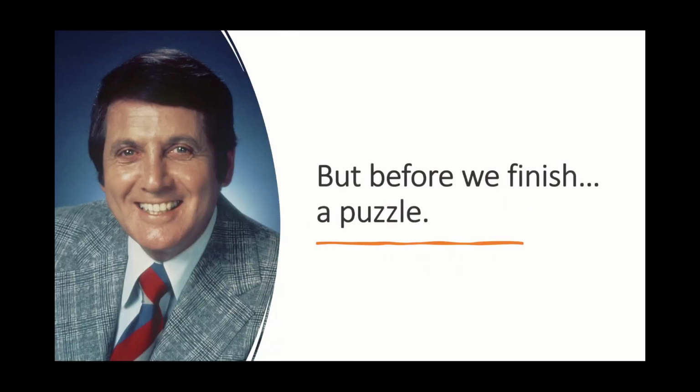But before we finish, there's a puzzle we can do. This is the Monty Hall paradox, and it works like this. You're on a game show where there are 3 doors. Behind one of the doors is a prize. However, behind the others are goats. Now, the game show host asks you to pick one of these doors.